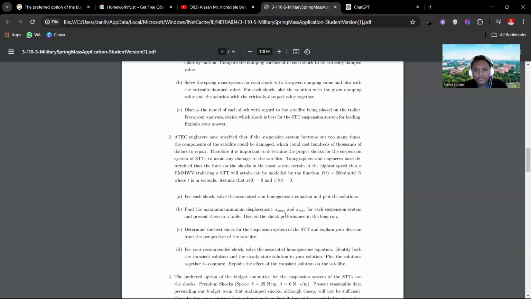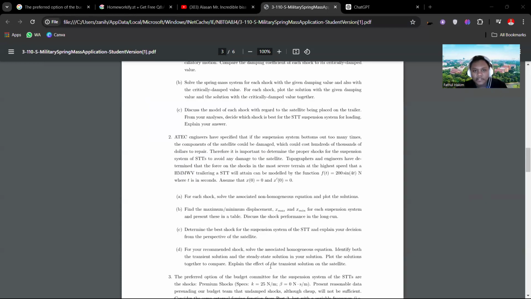Now, for each shock, solve the associated non-homogeneous equation. This will become our first intention. Now, what is the initial thinking about the problem? We know that we can model the force by the function f(t) equals 200 sin(40t) Newton.